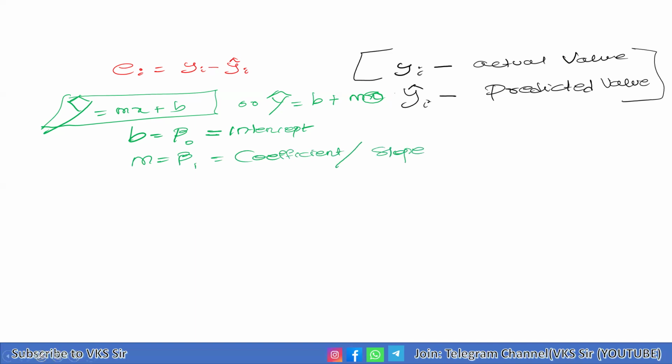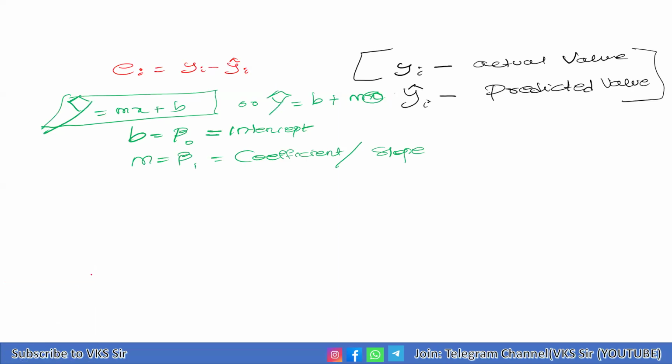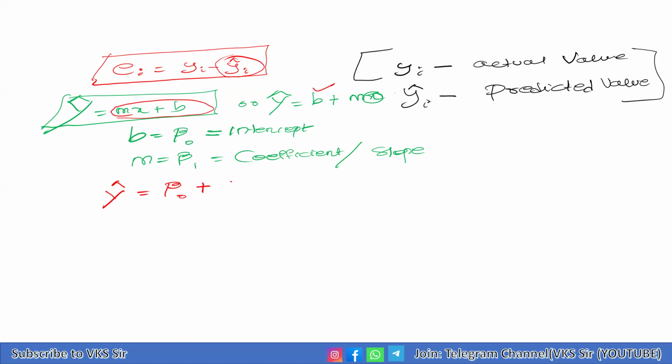So right now, let's go for the execution part. Here, error is equal to the actual value minus the predicted value, where the predicted value is y predicted equal to beta naught, like the intercept, plus beta 1 xi.